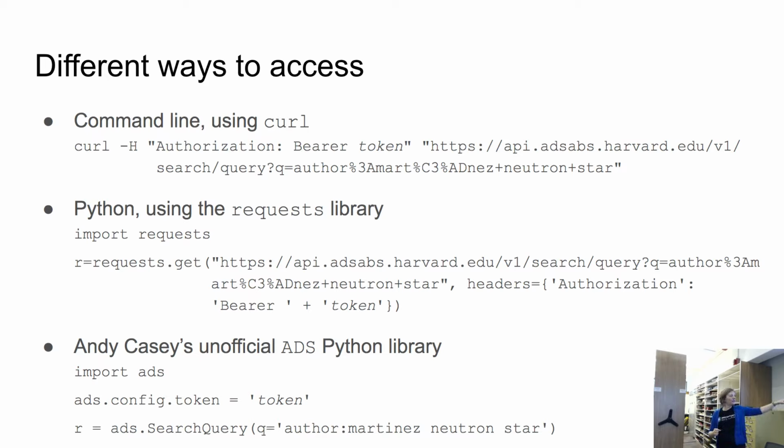Instead of having this URL-looking thing that you're putting in, you're actually typing in stuff very similar to what you would type into the web browser. In some cases that's nice, you don't have to do any sort of translation. In other cases it could make it a little more difficult to do exactly what you're trying to do. It just has a bit more of a learning curve, but you can do some really fancy things with it. So for the purposes of the rest of this talk, I'm going to focus just on Python using the request library, because I think that's the most common way people access the API. If you have any questions about the other ones, then we can talk about that as well.